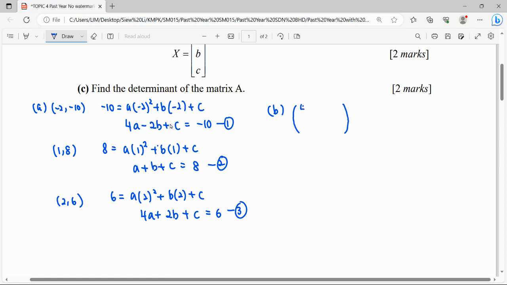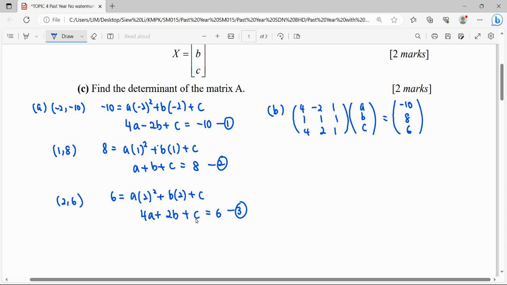It will be 4, -2, 1. Then the second equation, 1, 1, 1. The third equation will be 4, 2, 1. Times our unknown, which is a, b, c. Given that our right hand side answer is -10, followed by 8, followed by 6.